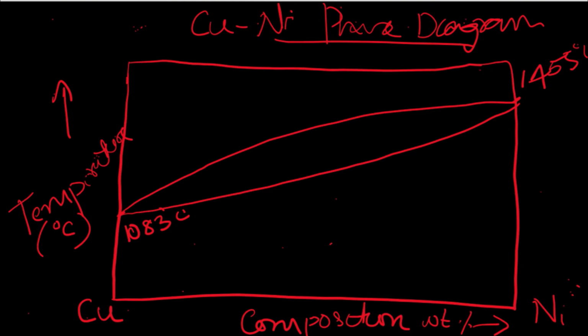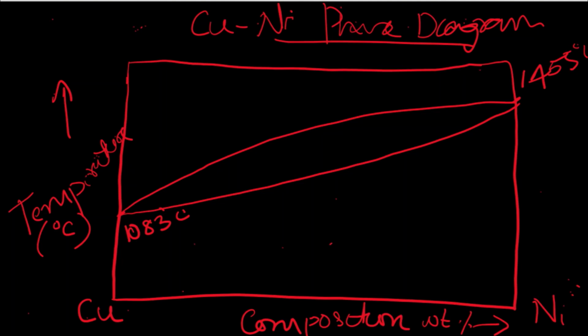That is why the melting point is higher here and lower here. The top curve is for melting. Then the lower curve is for solidification. That is, solidification is where we convert from the molten melt to solid. To get a particular alloy, we need to convert that system from molten liquid to solid, right? That is solidification.